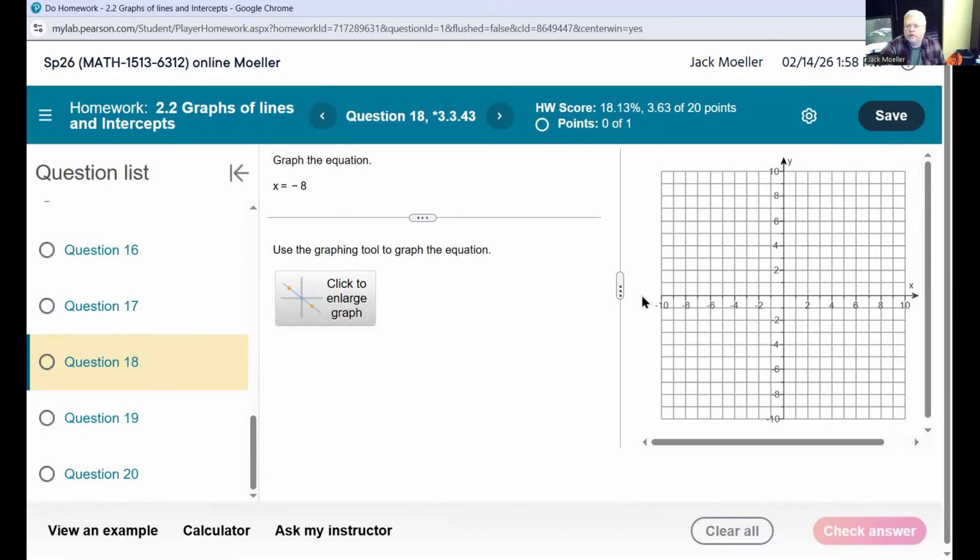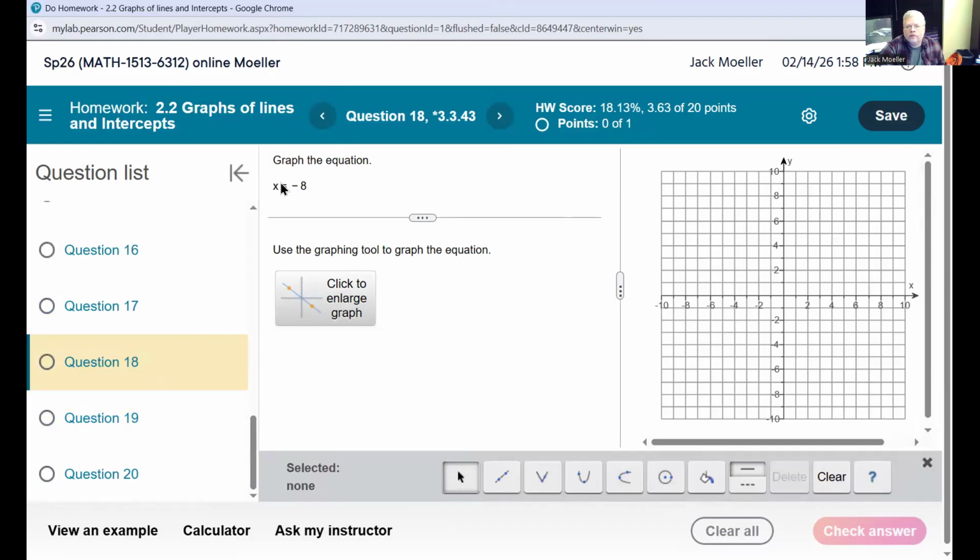Like here, x equals -8. So x equals a number is a vertical line because all the x's are the same. They all have to be -8. So anywhere on here, I don't have to pick the intercept. I can do up here and down here. Now I've got a vertical line at x equals -8.